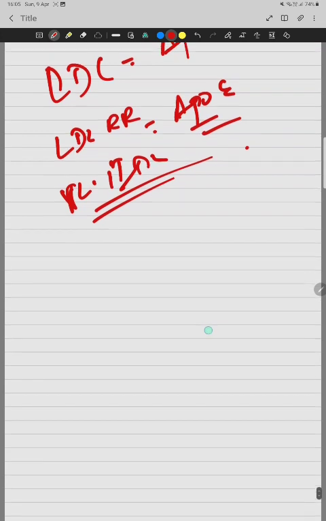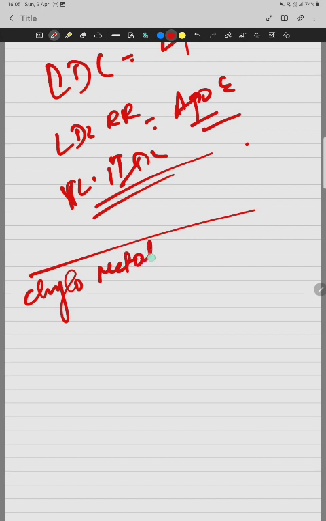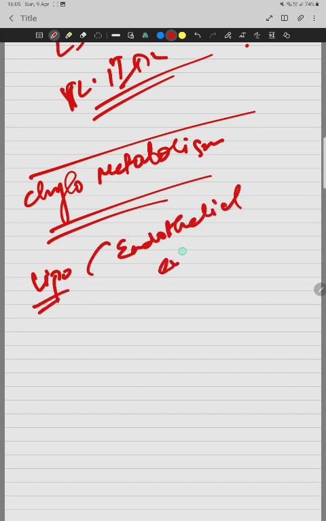That's all you should be knowing here. And also, next important point is chylomicron metabolism. The basics of metabolism is not that important, but one thing you should be knowing is your lipoprotein lipase is an endothelial enzyme.